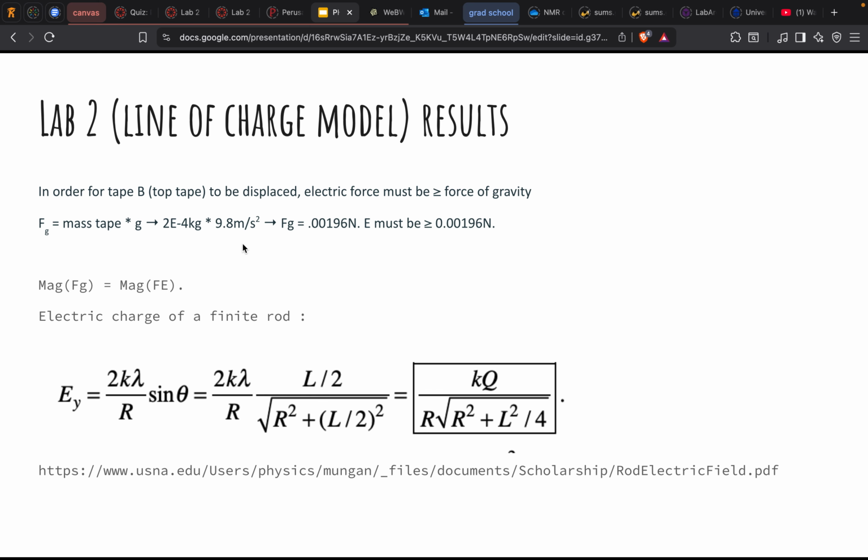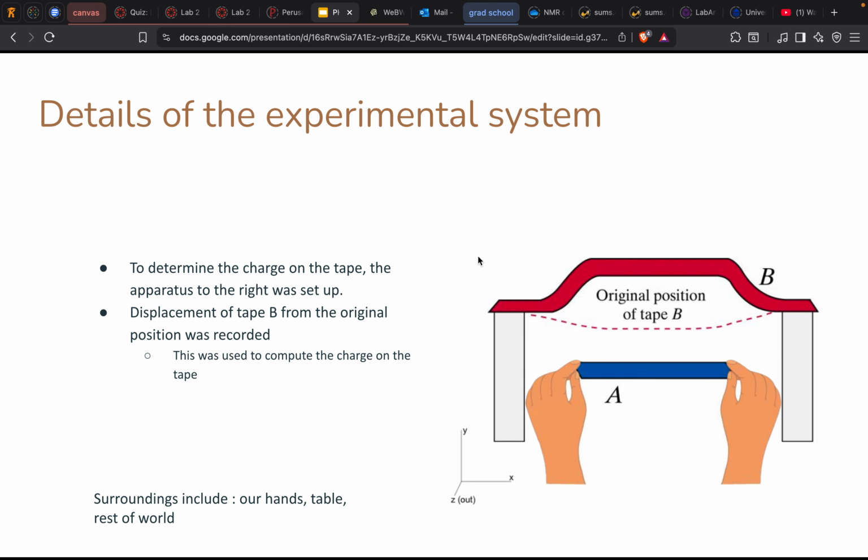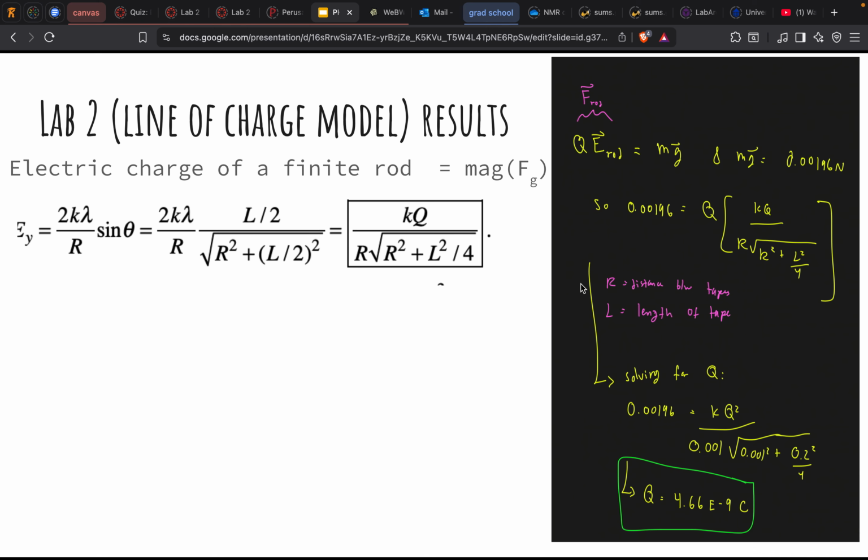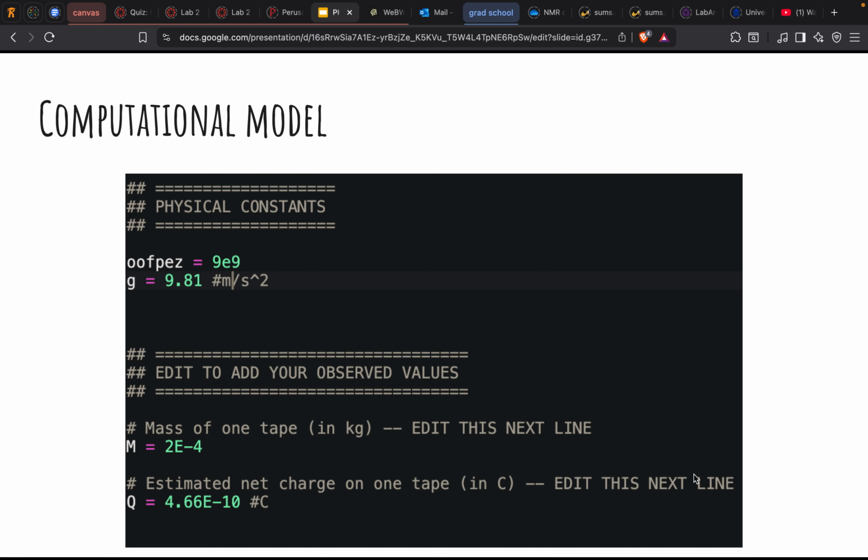In order for the top tape, tape B, to be displaced, the magnitude of the electric force must overcome the force of gravity, which has this value in newtons. This was the force of gravity, which must be equal to the force of the finite rod, in other words, our lower tape. And this is how we solve for Q. Q comes out to 4.6 times 10 to the minus 9 coulomb.